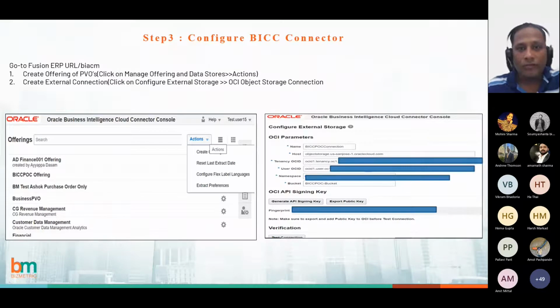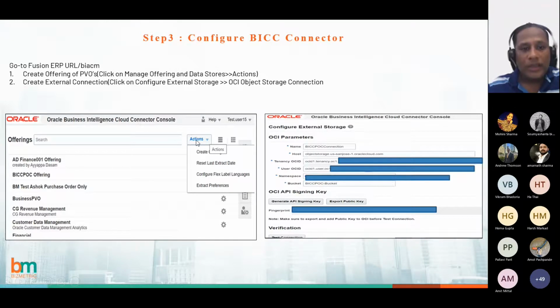Step 3 is configuring the BICC connector, the Business Intelligence Cloud Connector. This BICC connector is available in our Oracle Fusion ERP. We have to use an extension called BIACM with our ERP URL. Then you will get the screen, which is the Oracle Business Intelligence Cloud Connector console.